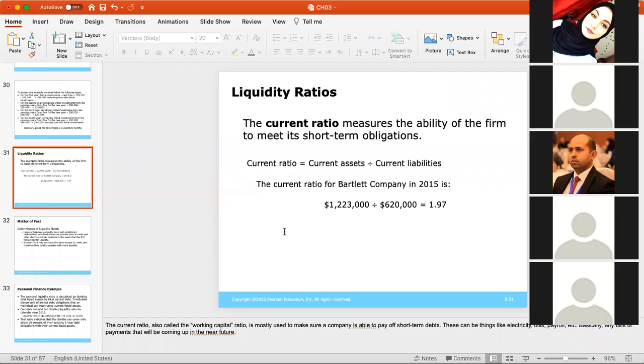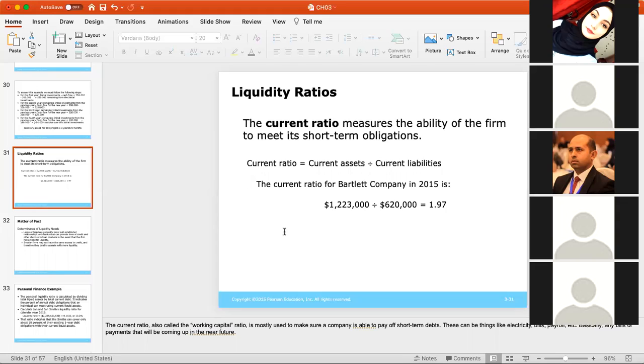So mainly we are speaking about how we can settle our short-term debts. What do we mean by short-term debts? Like accounts payable, electricity bills, internet bills, etc. All these short-term liabilities.